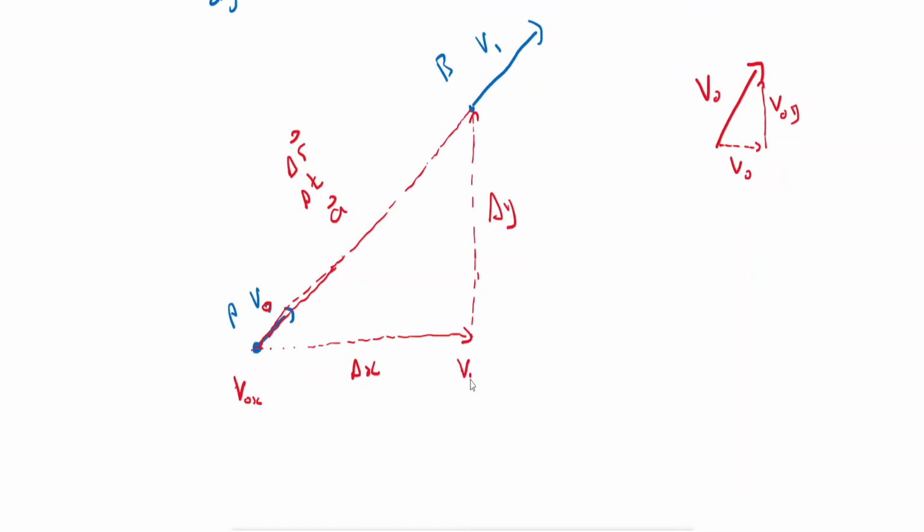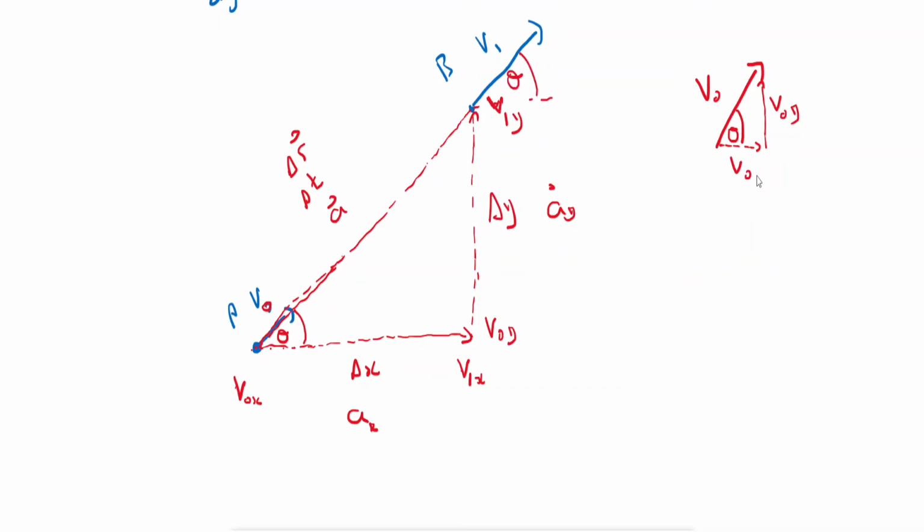Then here, there's going to be the final velocity in the x direction. Here, there's an initial velocity in the y direction, which is the same point as here. Then here, there's going to be the final velocity in the y direction. Which means there's going to be acceleration in the x direction and acceleration in the y direction. Right? So if I know theta here, since it's traveling in the same direction, therefore this is going to be theta as well.